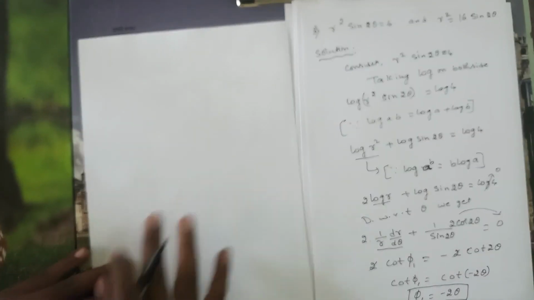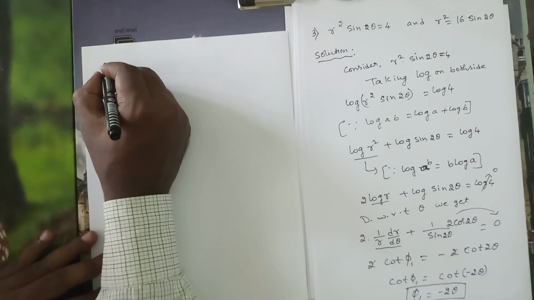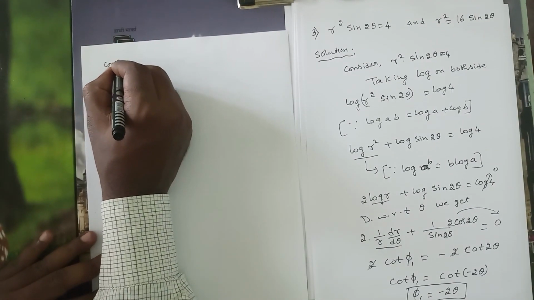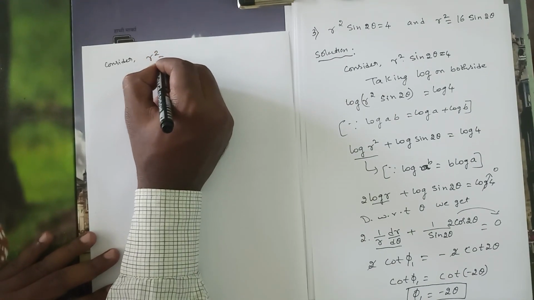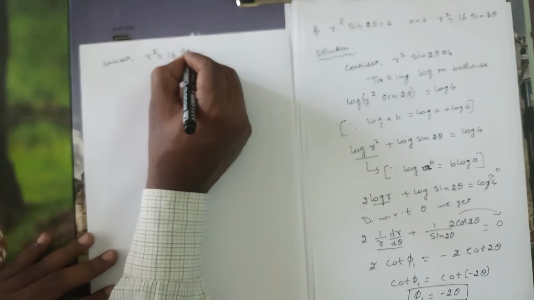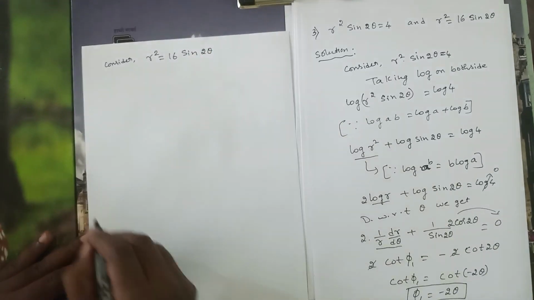So here next I will consider another curve, r square is equal to 16 sine 2 theta.